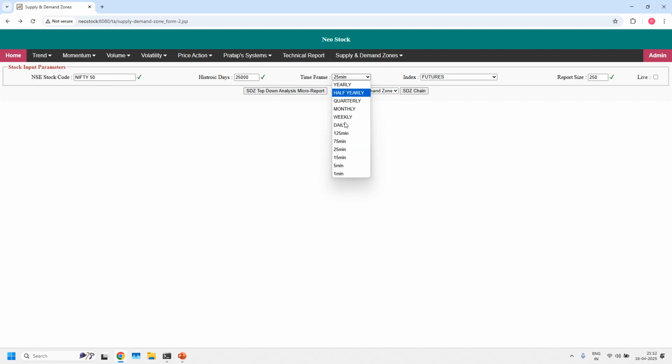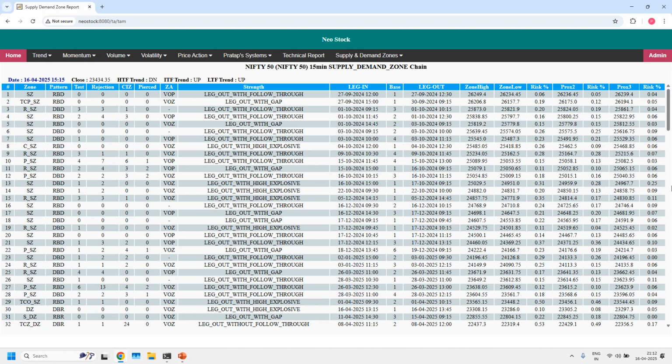Next, generating 15 minute supply demand zone chain. Serial number 30 is the nearest demand zone to the current closing price.